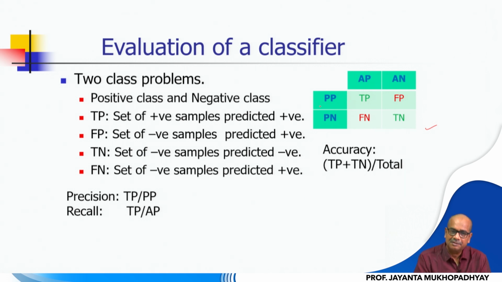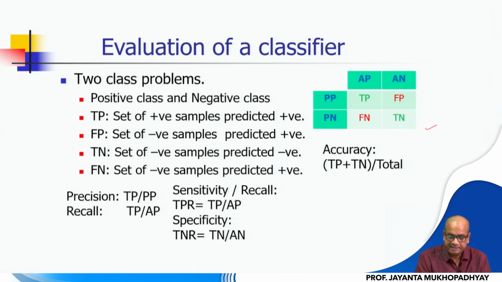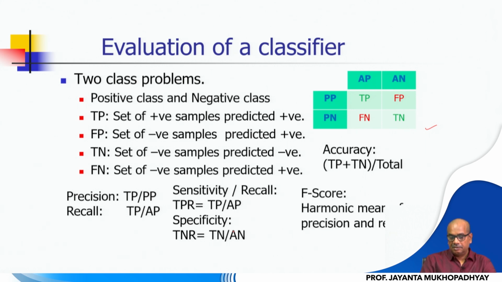That is called recall. Sensitivity is also basically recall, the true positive rate. And specificity is basically the true negative rate, which is the fraction of samples predicted true negative with respect to the actual ground truth.